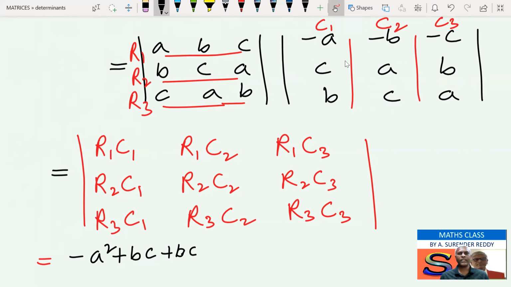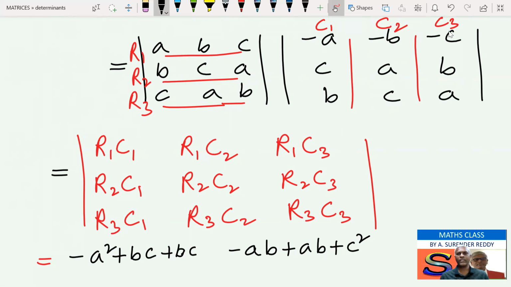Next R1 C2: A into B, minus AB, B into A, plus AB, C into C, C square.